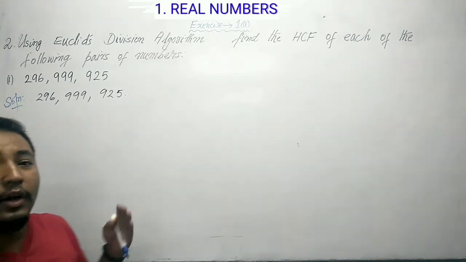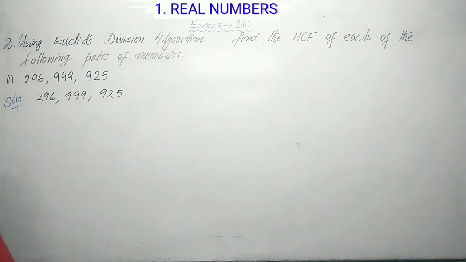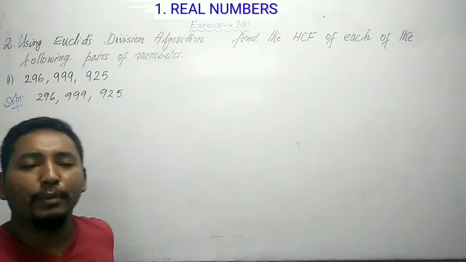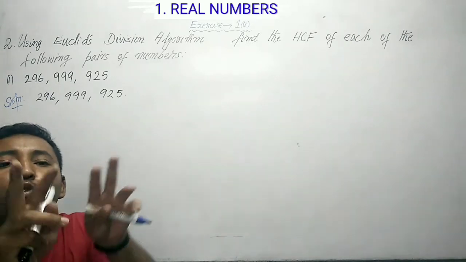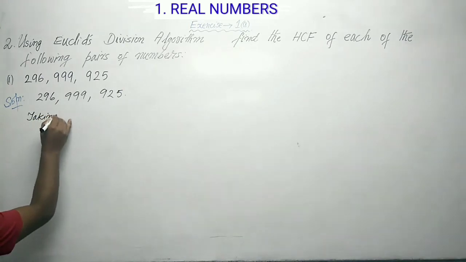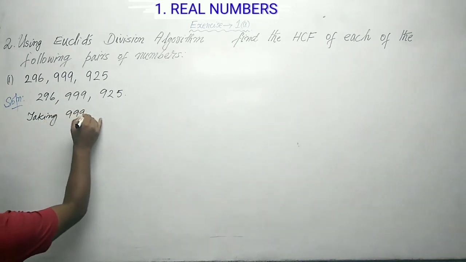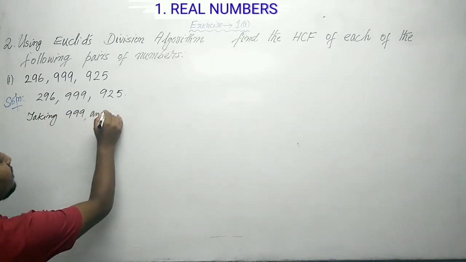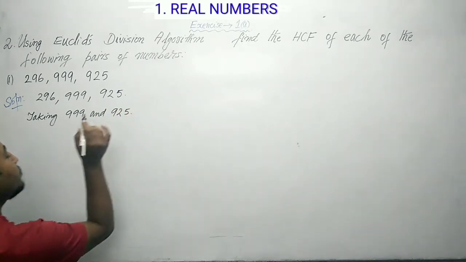Now what to do when there are 3 numbers? It's very simple. Take any 2 numbers, but I prefer taking the 2 biggest numbers. First I'll take 999 and 925.